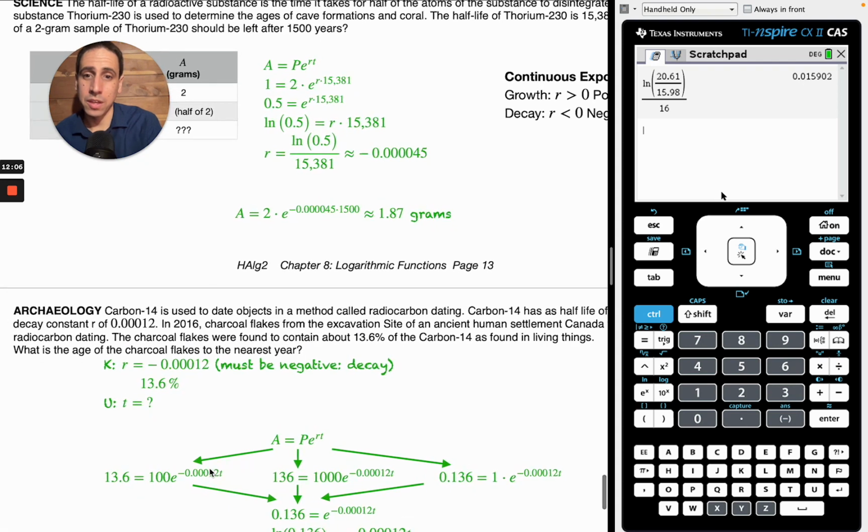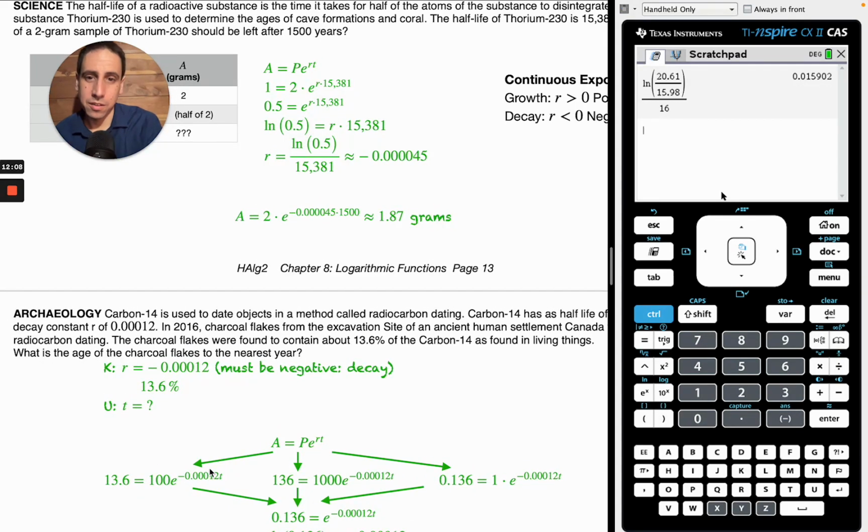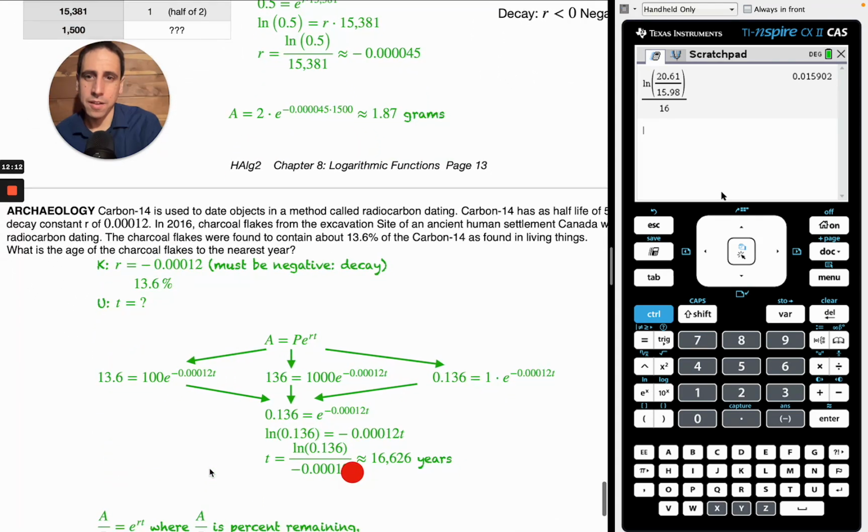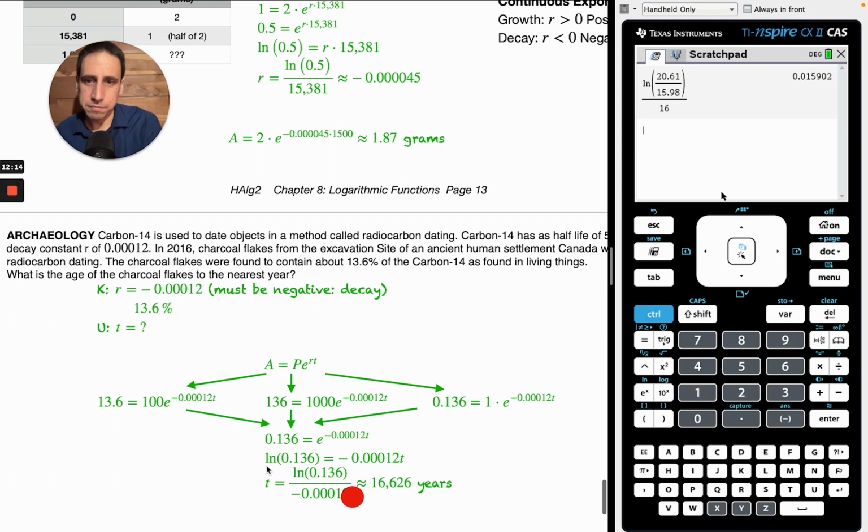0.136 is equal to e raised to the negative 0.00012t. Now we change this to a natural log, and you can see here the natural log of 0.136 is equal to negative 0.00012t. And then I'll show you what this looks like to type into your Inspire.